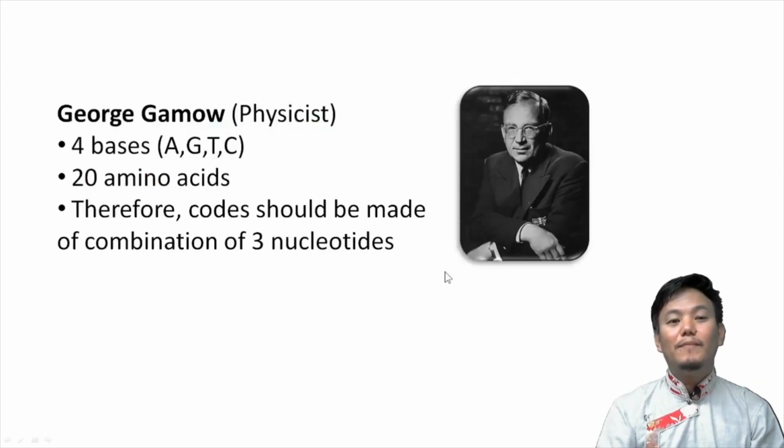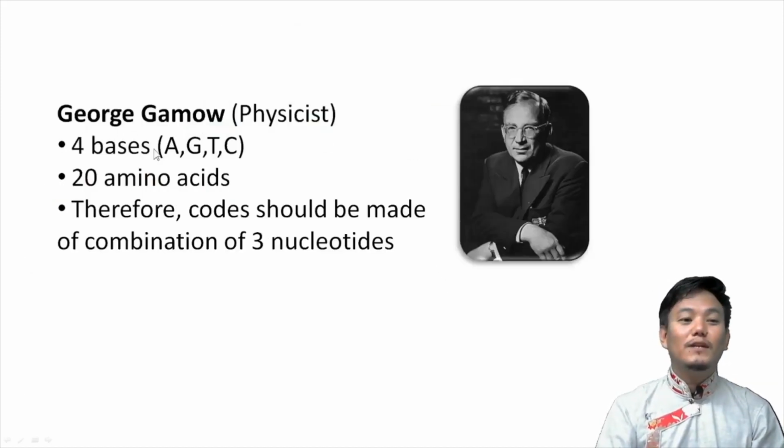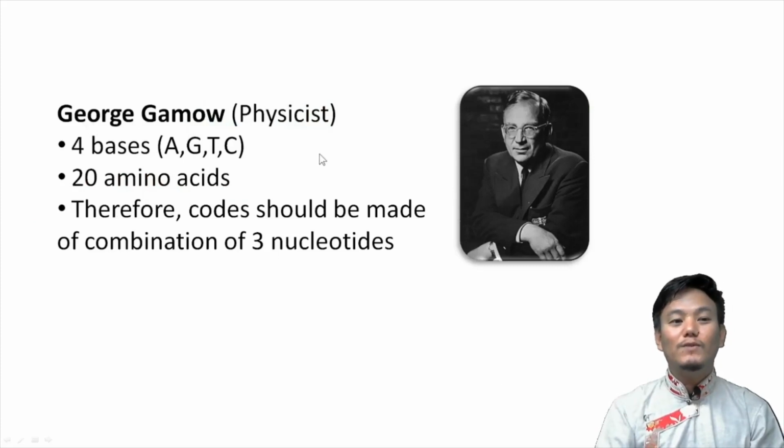Among them, a physicist called George Gamow came forward and argued that there are 4 bases in the genetic material, let it be DNA or RNA. If the genetic material is DNA, we have 4 bases: adenine, guanine, thymine, and cytosine. If the genetic material is RNA, we have 4 bases: adenine, guanine, uracil, and cytosine.